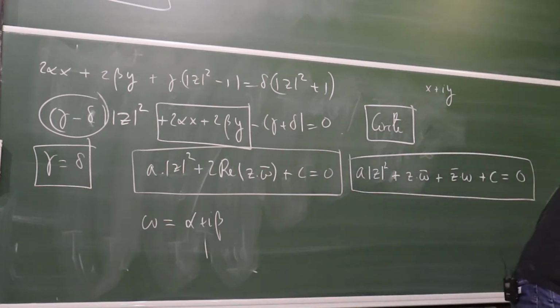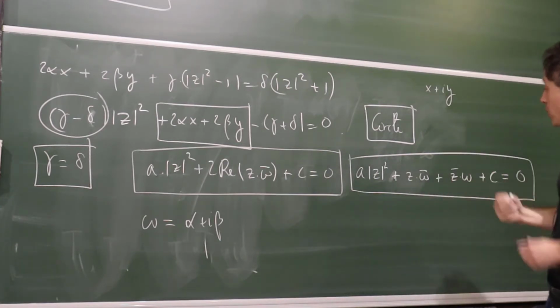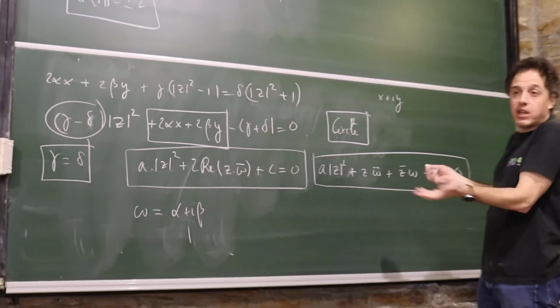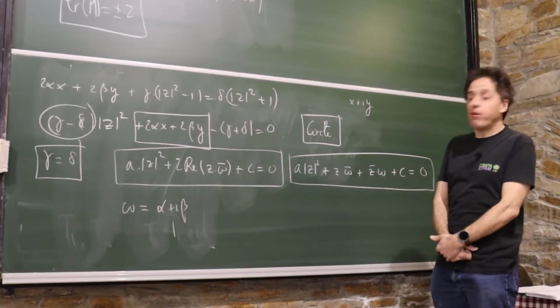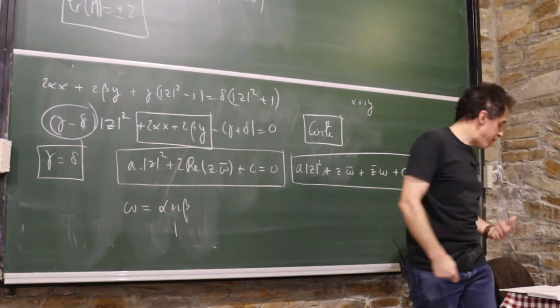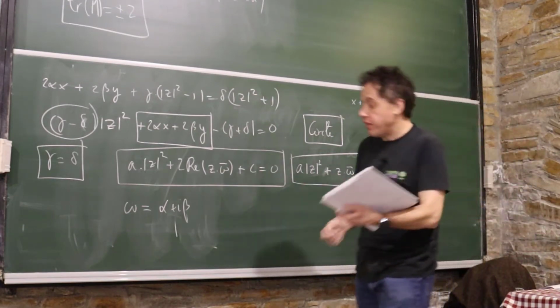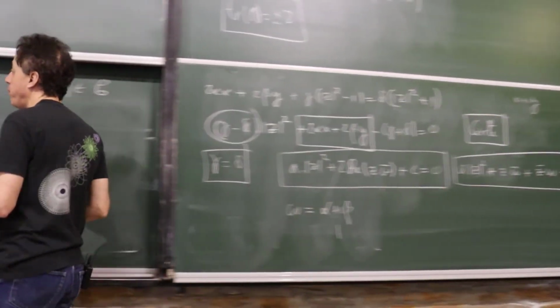You can verify from this equation that for instance, if A is equal to 0, okay, it's perfect, it's a straight line. If A is not equal to 0, this corresponds exactly to the following circle.